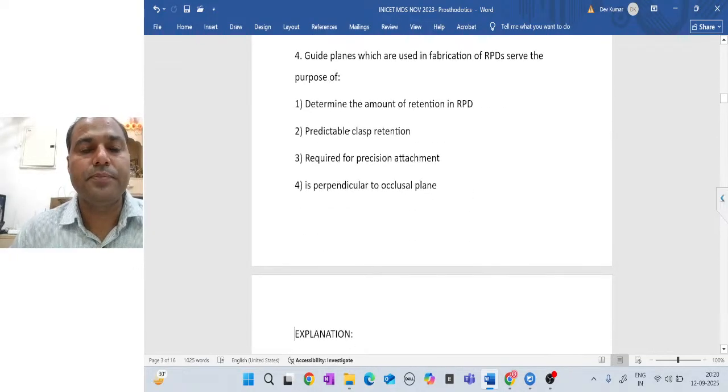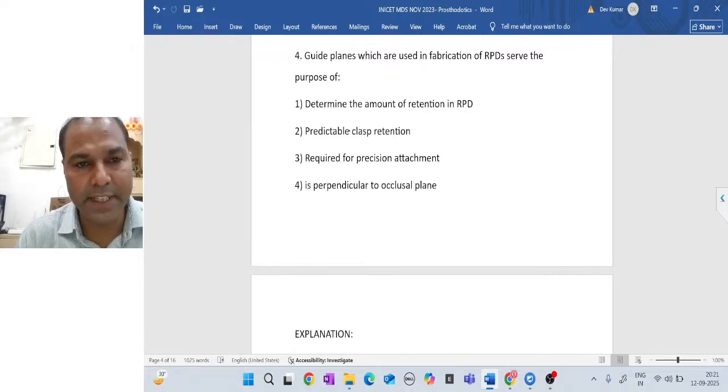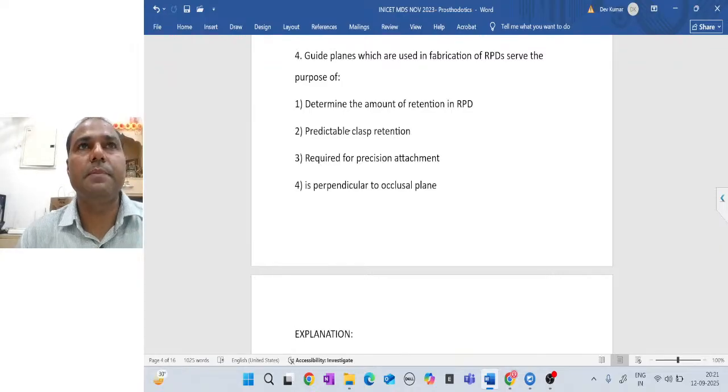Next question. Guide planes which are used in the fabrication of RPDs serve the purpose of: it determines the amount of retention in RPD, it helps in predictable clasp retention, it is required for precision attachment, it is perpendicular to the occlusal plane.